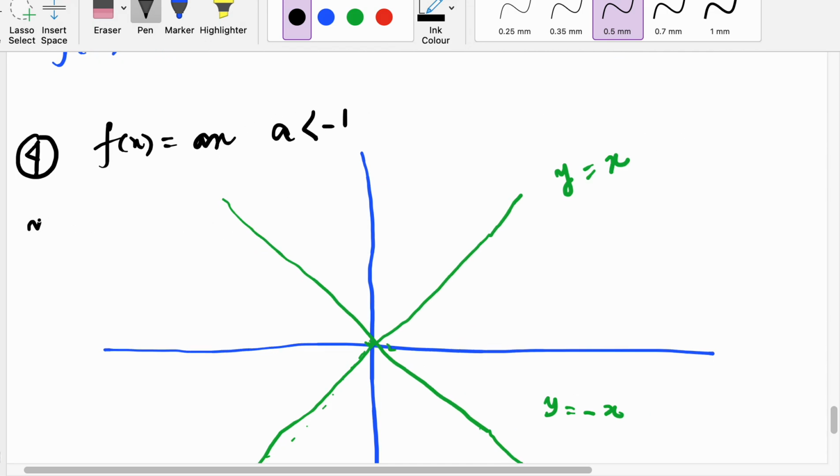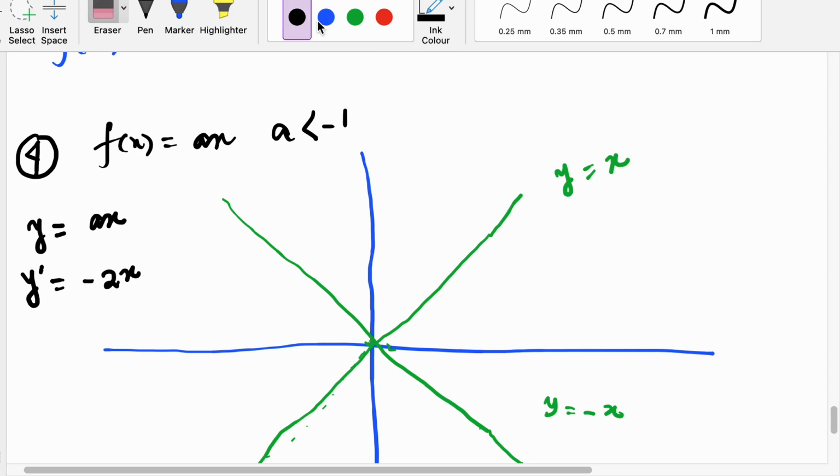Suppose a is minus 2, so y will be minus 2x, and this other line is y equal to minus x. So minus x will always be greater than minus 2x.